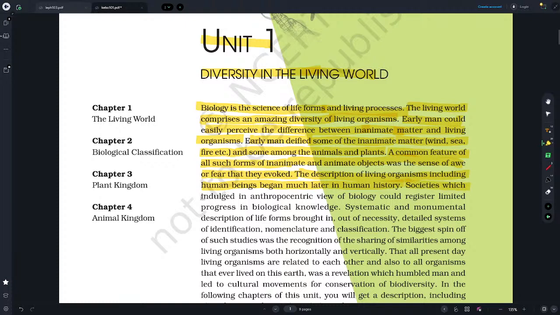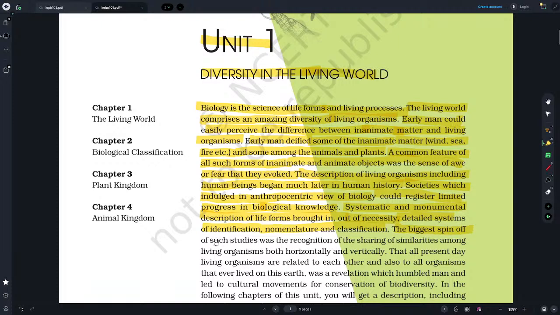Societies which indulged in anthropocentric view of biology could register limited progress in biological knowledge. Systematic and monumental description of life forms brought in, out of necessity, detailed systems of identification, nomenclature, and classification.